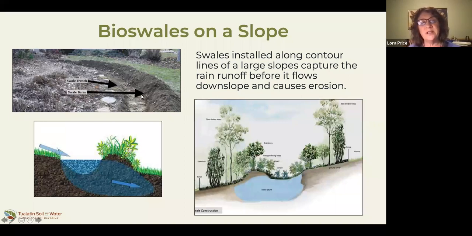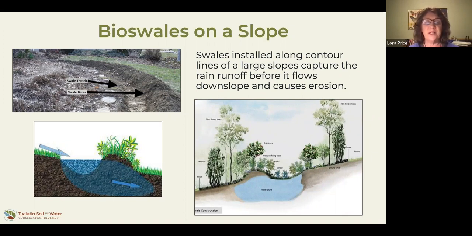On steeper properties, you can have that runoff really gathering speed and causing erosion. You'll see little rills, they almost create their own streams, if you don't have a way to sink the rainfall into the ground.